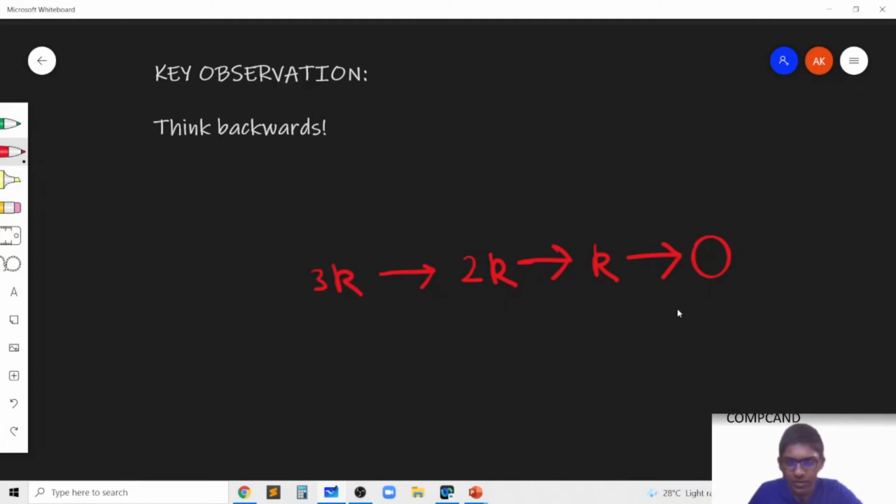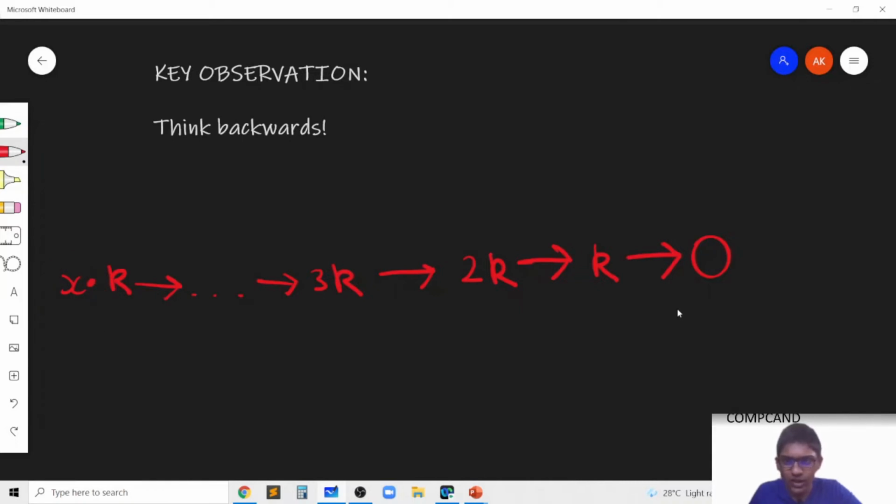So you're getting the pattern that in general, we can only come from a candy of length x times k, to a candy of length (x minus 1) times k, all the way up till a candy of length 3k, and then a candy of length 2k, and then a candy of length k, and then a candy of length 0. So in this way, we know that we always have to ensure that we are coming from a candy which is a multiple of k, which is x times k. So you should pause the video and think about why this is true.